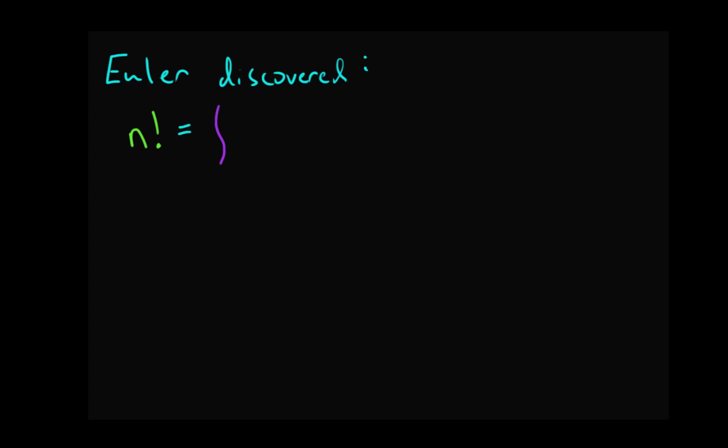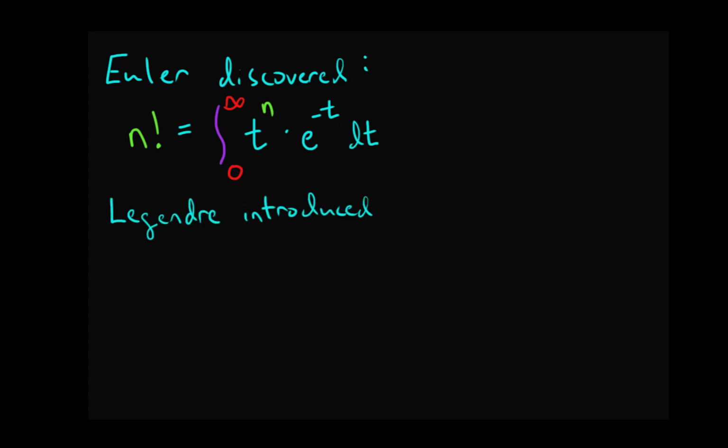But he discovered that n factorial equals the integral from infinity to 0 of the function t to the n times e to the negative t dt. Euler actually came up with a different version of that integral, which was then modified by Legendre into the form that I've written above.